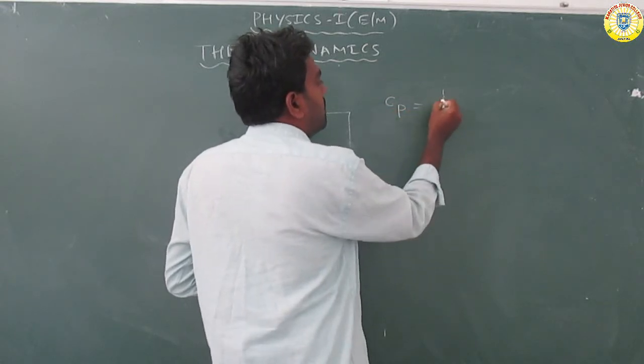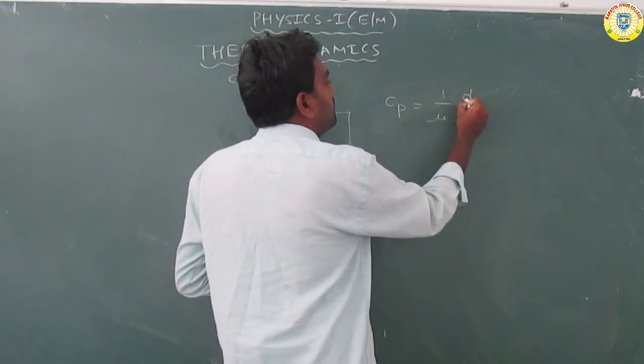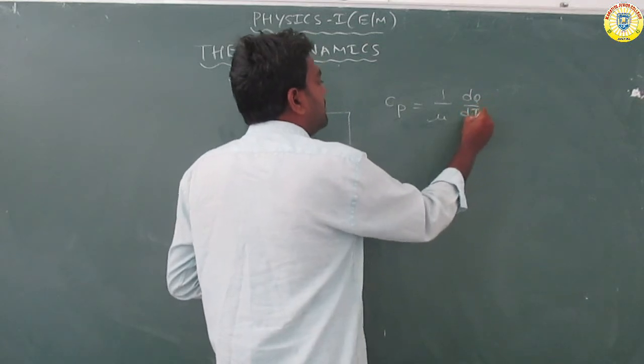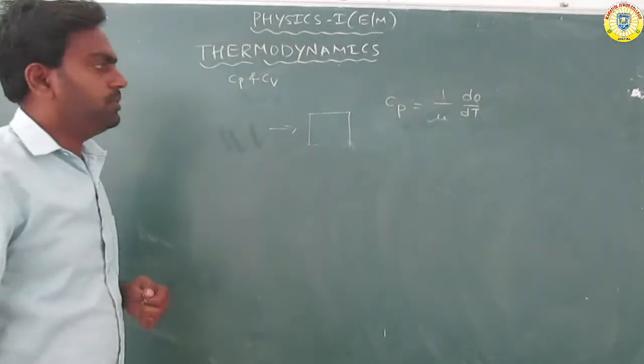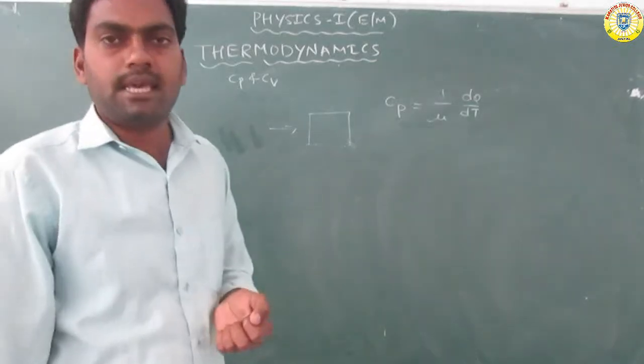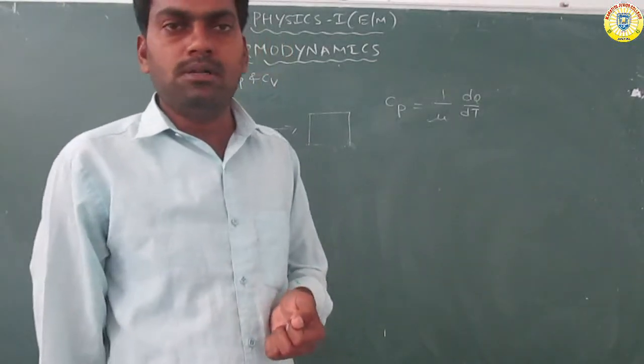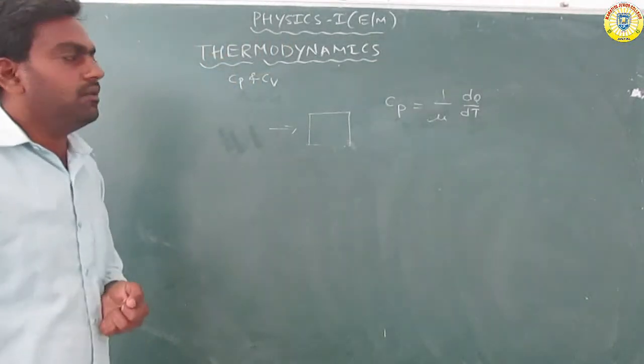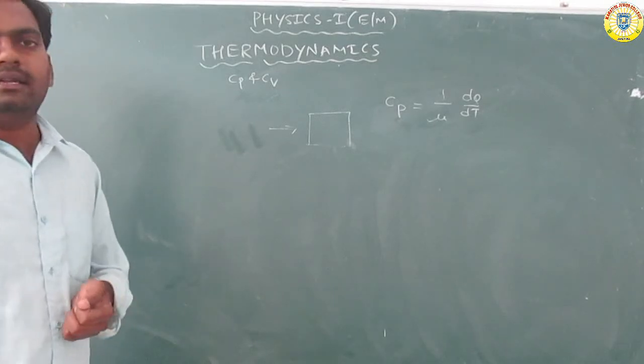According to this definition, Cp is equal to 1 by mu dq by dt, where mu is the number of moles.